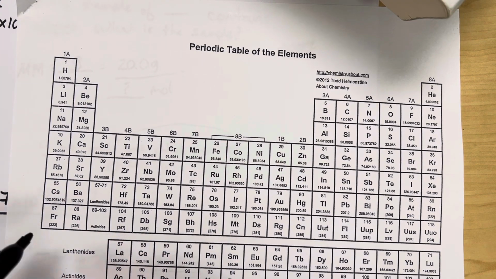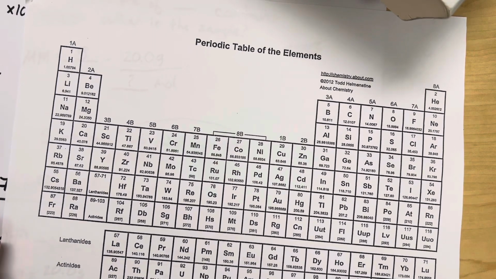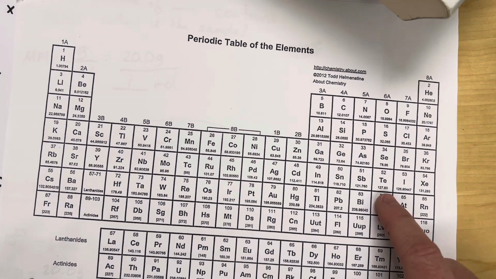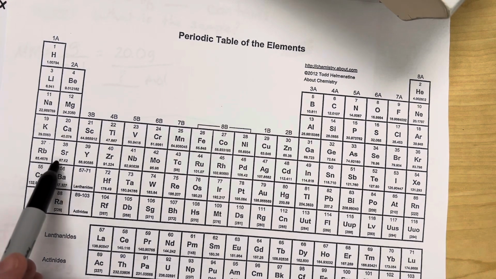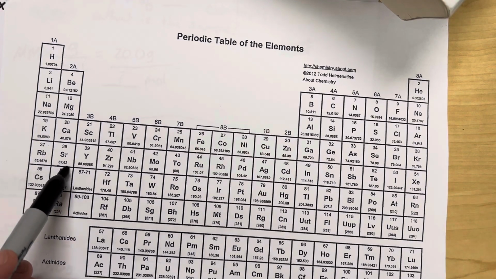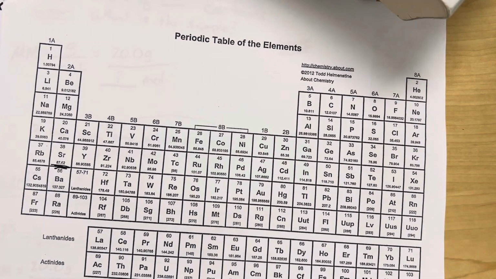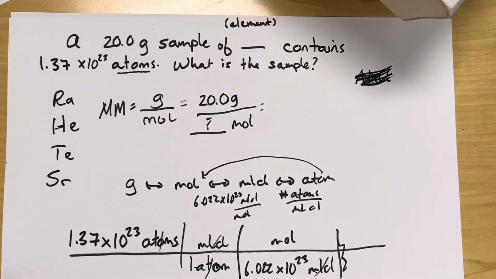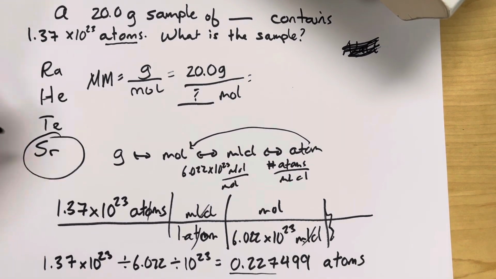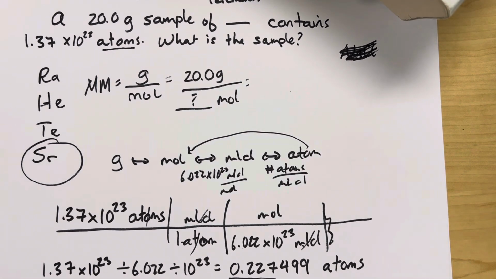It's like 220 something. Tellurium, I think, was 100 something, 127. And then there's strontium right here, which comes out to 87.6. I don't see it. There it is. 87.6. So that is definitely the closest one, and that's why the sample that you had must therefore be strontium. All right, I hope that helped, and good luck.